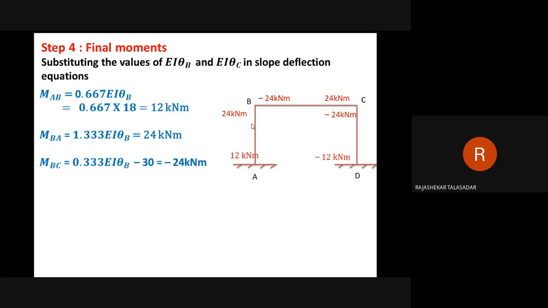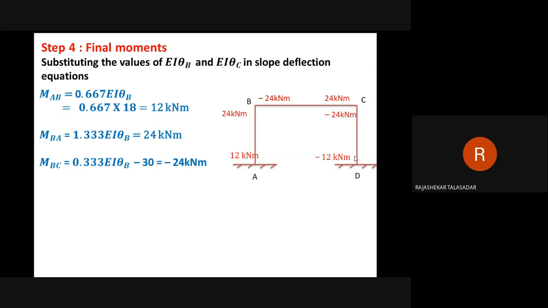See, MAB. What is the corresponding member on the other side? If you put the center line here, it is symmetric. So AB, what is the corresponding member on the other side? DC. Isn't it? AB, DC. So if AB is 12, this should be minus 12. Hope you are understanding.